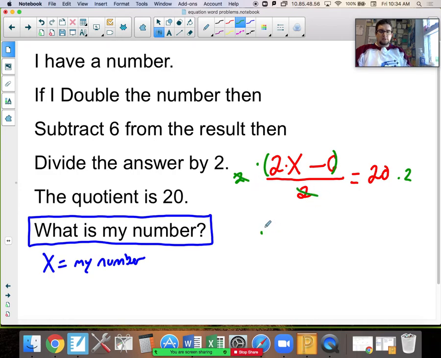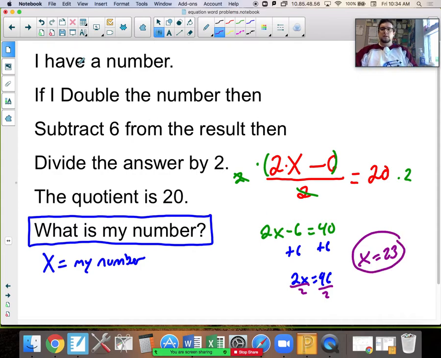The 2's cancel, gives us 2x minus 6 equals 40. Add 6 to both sides, gives us 2x equals 46. Divide by 2. So the number I was thinking of was 23.